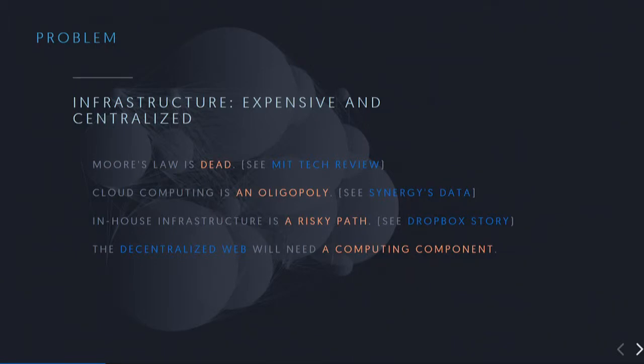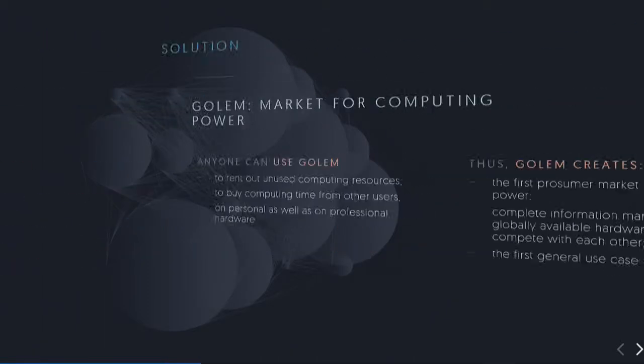And last but not least, if we want to build a real decentralized web, it will eventually need a computing component, like the processor, like a CPU, of the huge decentralized computer which the web could eventually become.